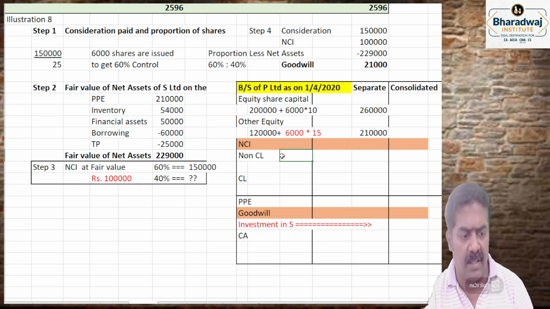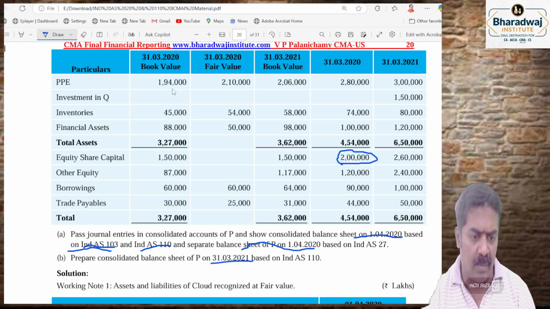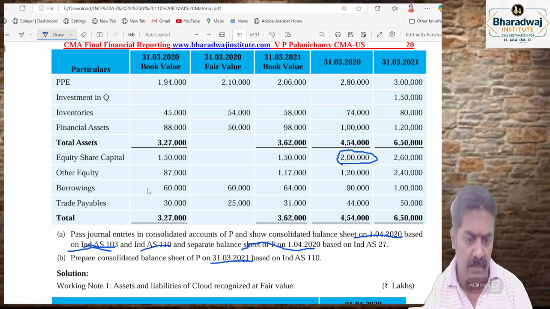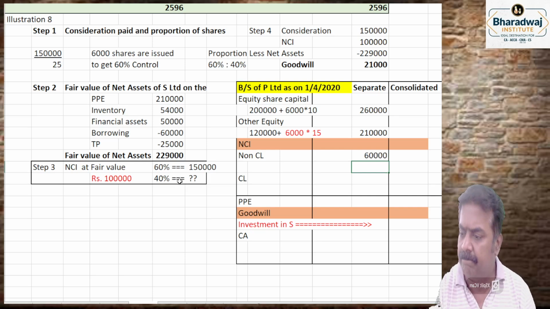Non-current liabilities, in the separate financial statement, which company will come? Borrowing, 60,000 will come.